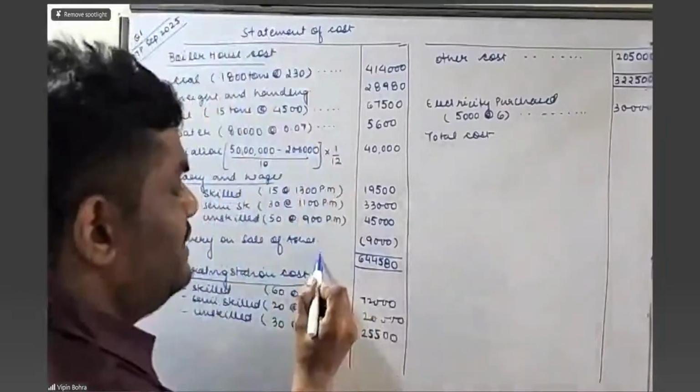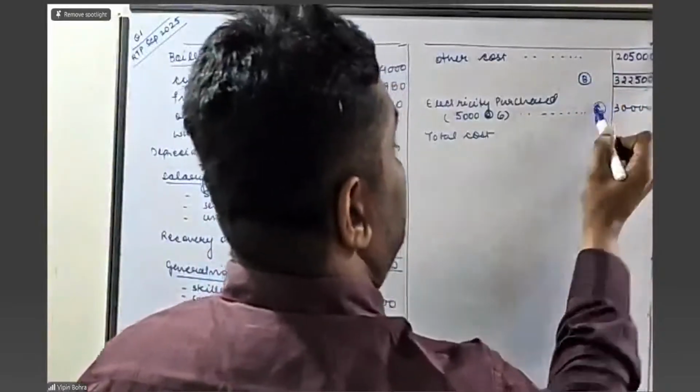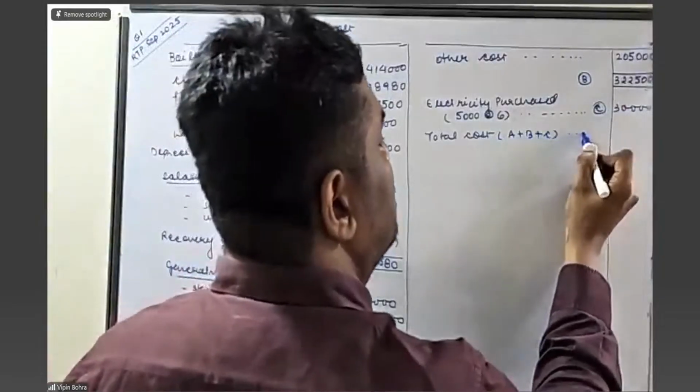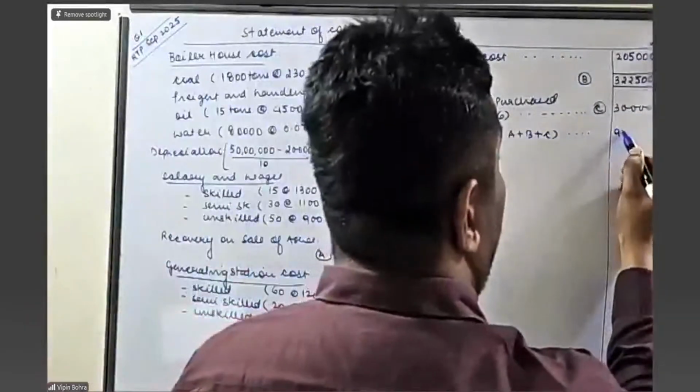So let's assume it as A, this is B, and this is C. So A plus B plus C. That is 997,080.